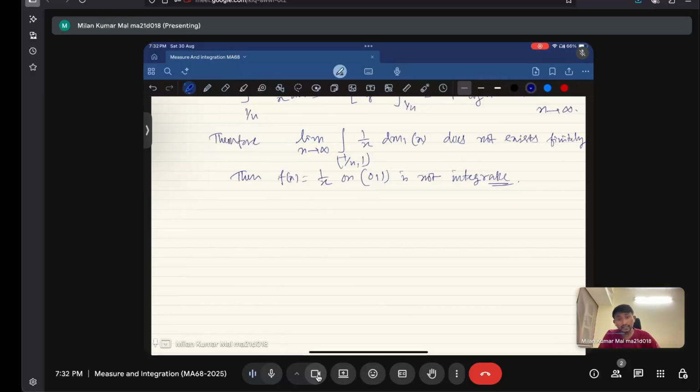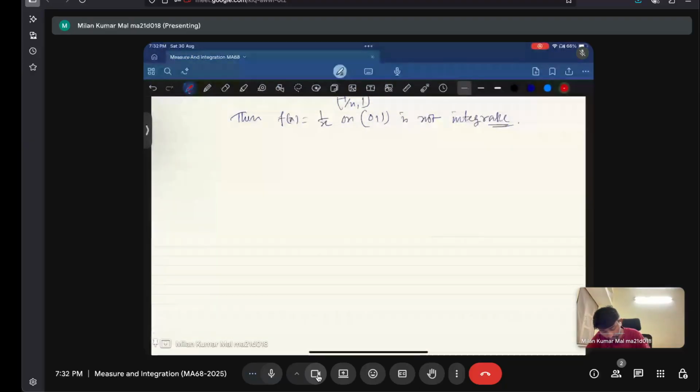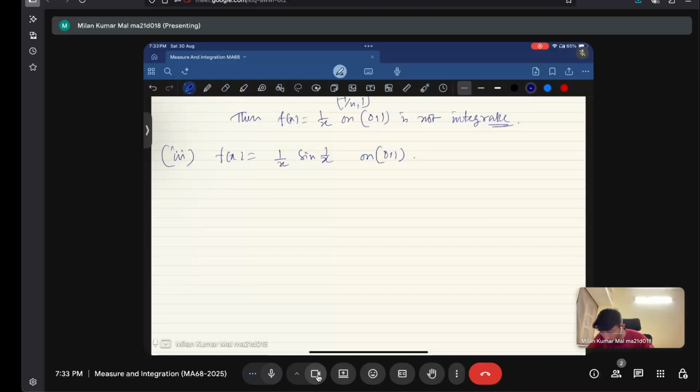Now similarly, one has to show the third one, where f(x) equals 1 by x sine 1 by x on (0,1). Let's similarly break it. On the open interval (0,1), we take the mod of 1 by x sine 1 by x.